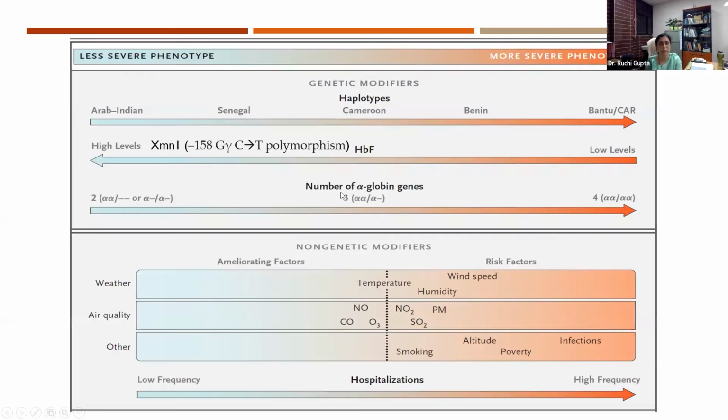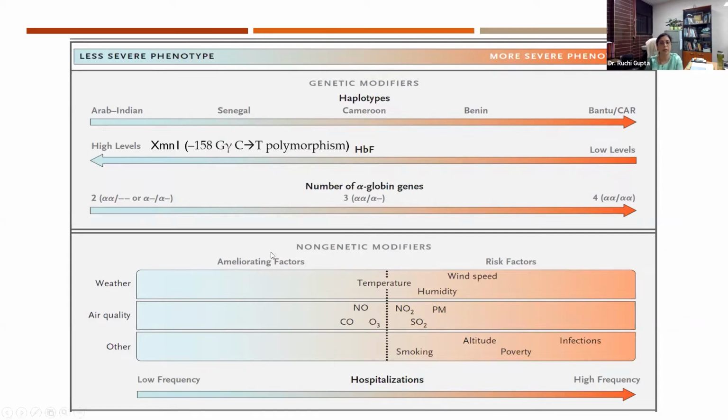And there are multiple other genetic as well as non-genetic modifiers which eventually affect the presentation of the disease. Amongst these, the major ones are the Arab-Indian haplotype, which I just mentioned. Then patients who have a higher level of HbF will have a less severe phenotype. If there is coexisting alpha chain deletion, then again the severity of the disease goes down.